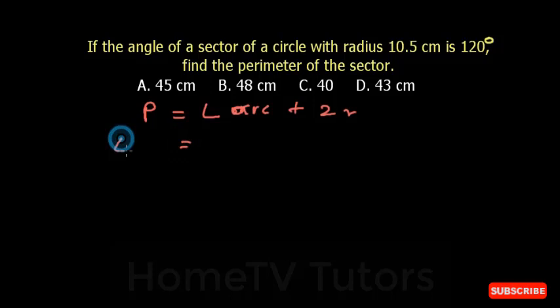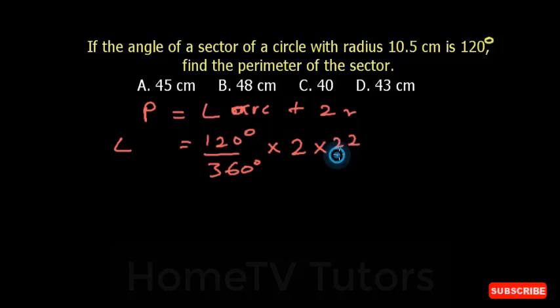The length of the arc is equal to 120 degrees divided by 360 degrees times 2 times pi, which is represented by 22 over 7, times the radius, which is 10.5 cm. By the time we divide 120 by 360, we have 1 over 3.